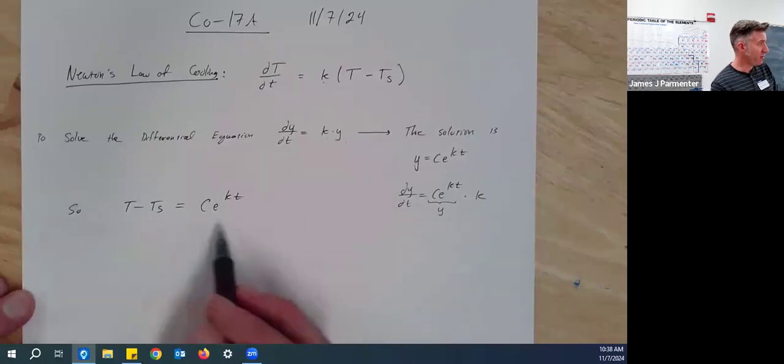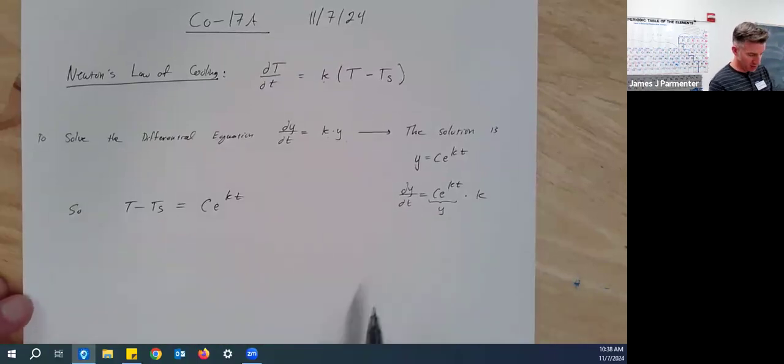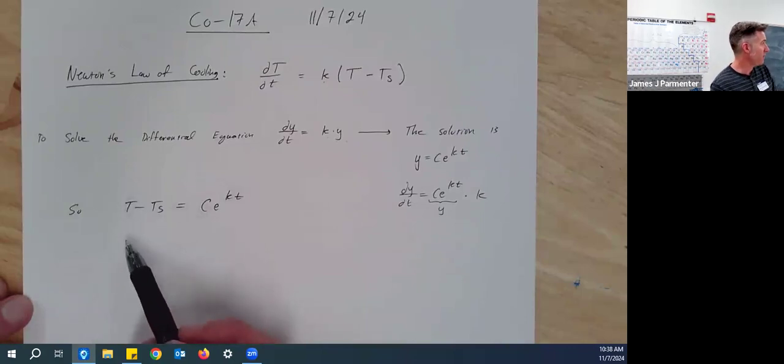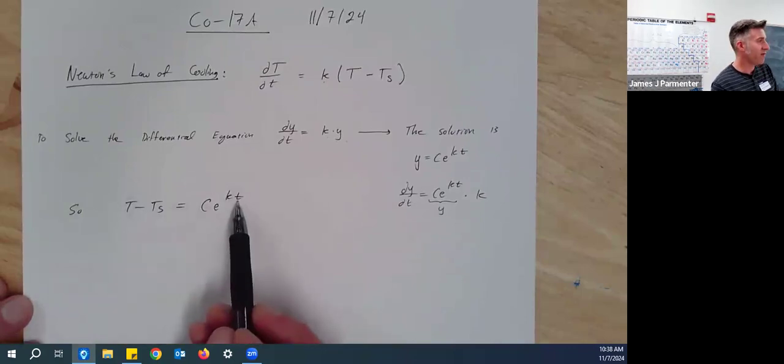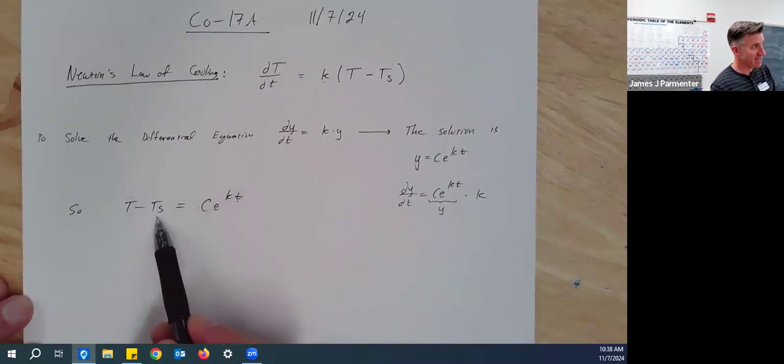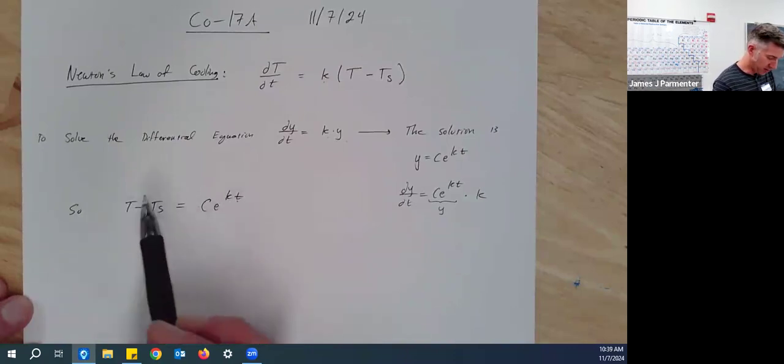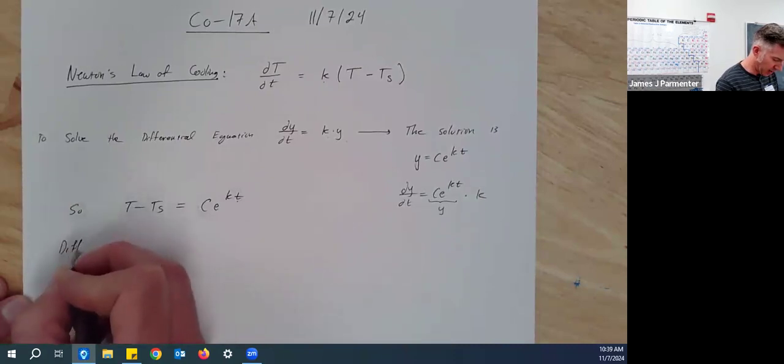If you took the derivative of both sides of this, and I'm going to point out that in this equation capital T is your function, lowercase t is your variable, and k, c, and T_s are all constants, we differentiate both sides to check that we're getting what we think we should.